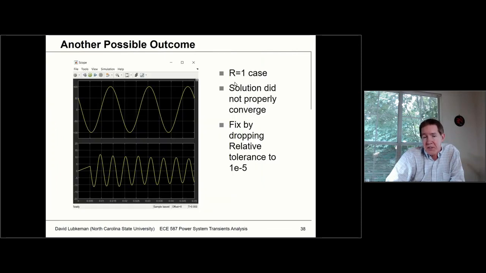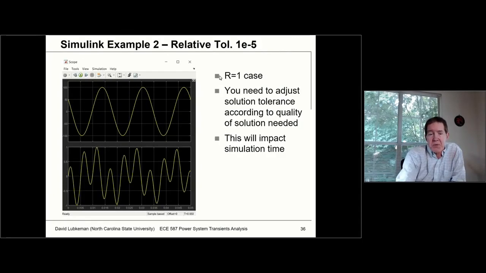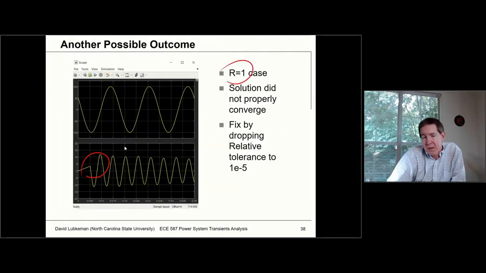Well, if you run this, what you see, if this top is the voltage forcing function and this bottom is the current, is that it doesn't match at all what you expect to see as a solution for R equal to 1. So this is what we should have gotten, and this is what we got. Basically it didn't properly converge. The tolerance value wasn't set small enough.